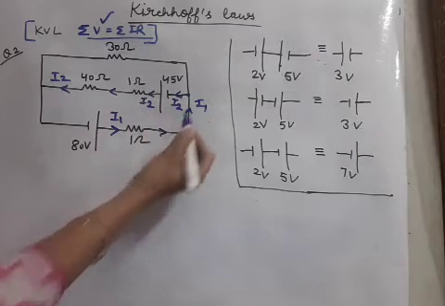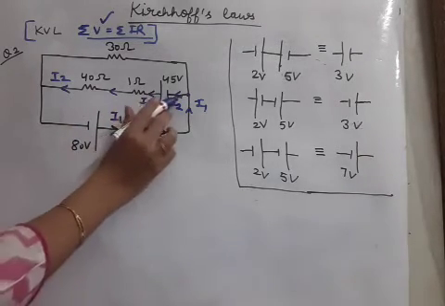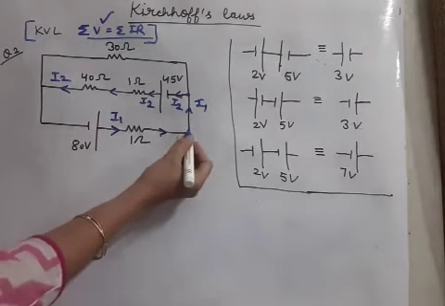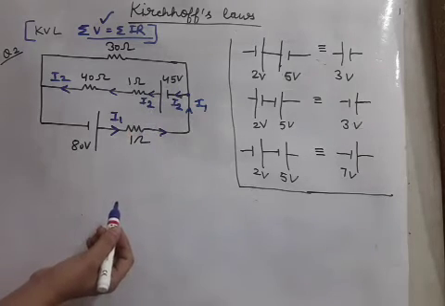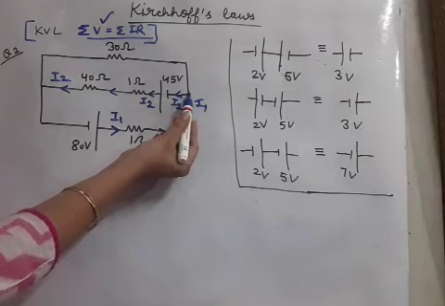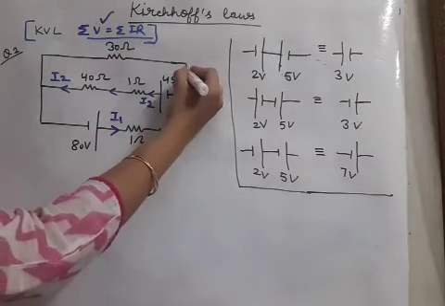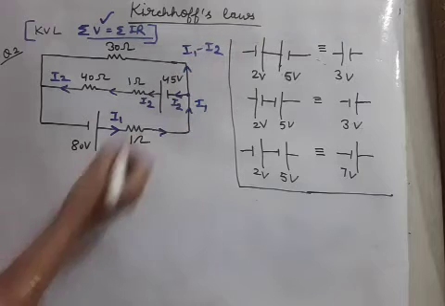So if the battery has given I2 current, we have to return I2 current only to the battery. That means now in the third wire, we can find the current easily. I1 current was coming, from that I2 subtracted. So the remaining current is I1 minus I2.